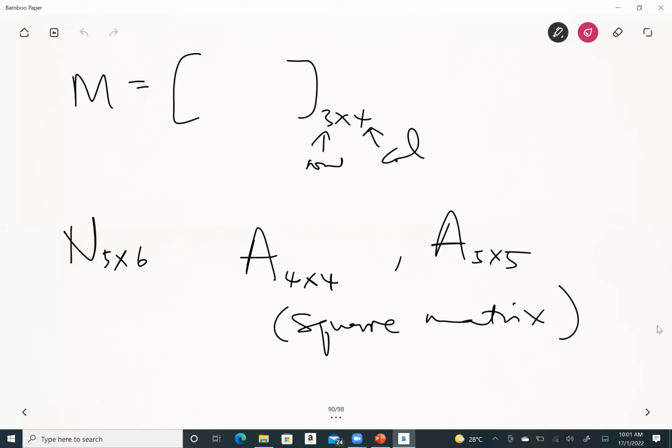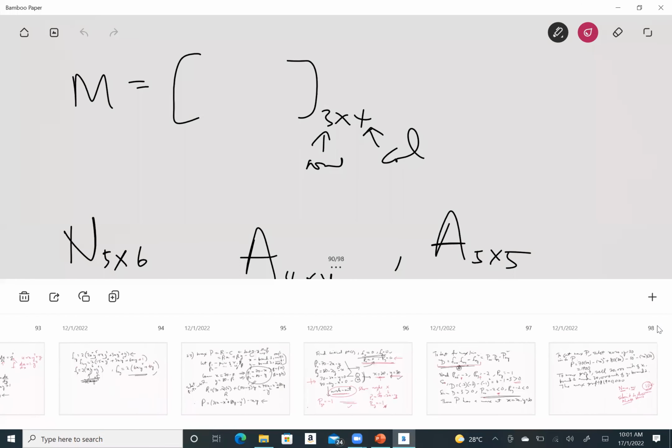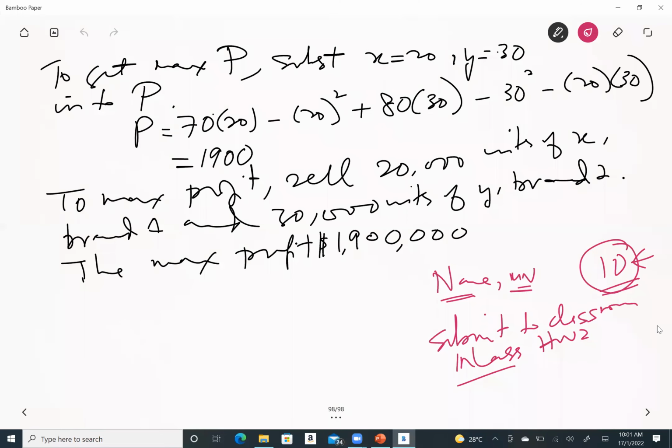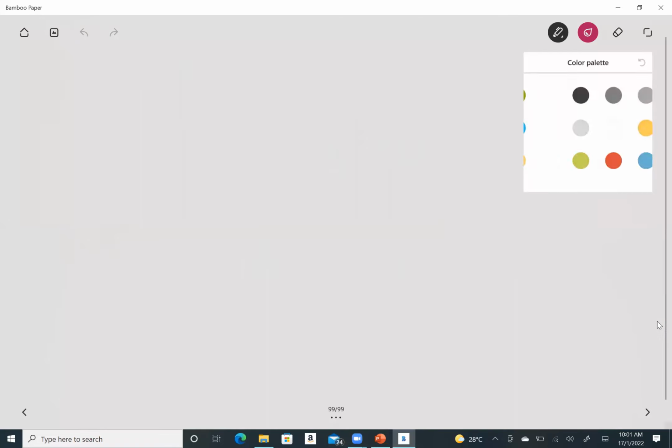Identity matrix. We label it as I. So another one, the identity matrix.